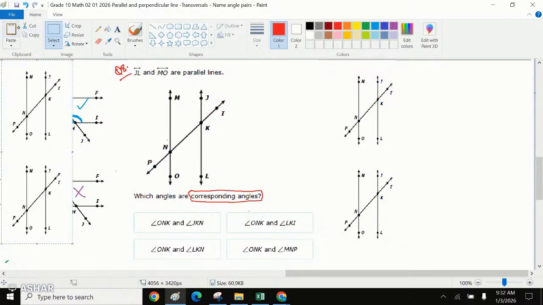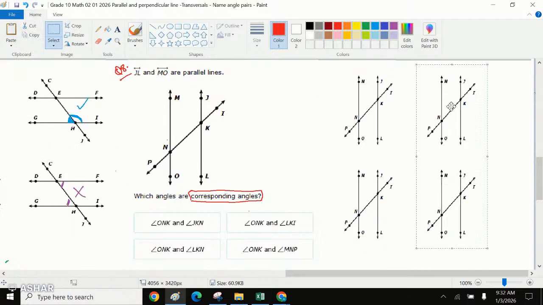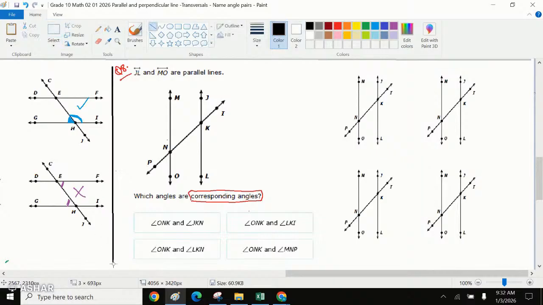Let's make 2 more copies. Let's make a separator so that it does not confuse us. Question number 8. They're asking us to find the corresponding angles in the given diagram where J, L, and M, O are parallel lines. Okay, let's do the first option.